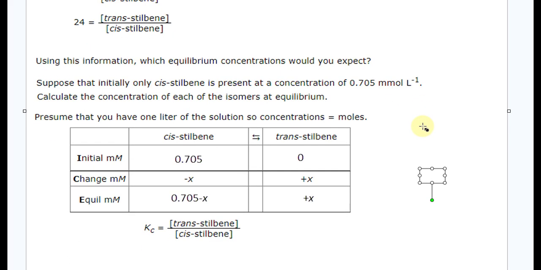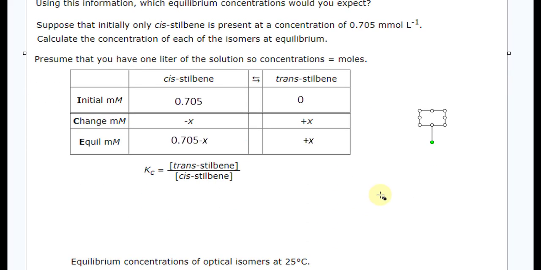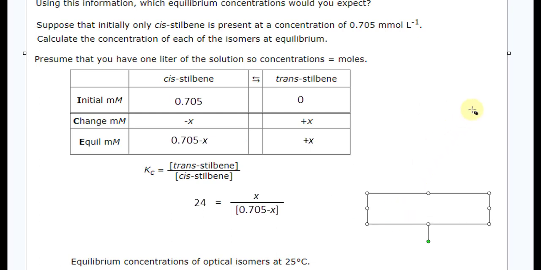So we've got ourselves something that we can solve. We can find out what the equilibrium concentrations are going to be once everything is taken care of. So we set up our equation. Gotta love algebra. 24 is equal to, that was our constant, that this is going to always equal, no matter what number you have here, X divided by 0.705 minus X. We can multiply both sides by the 0.705 minus X, and then do our algebraic thing.